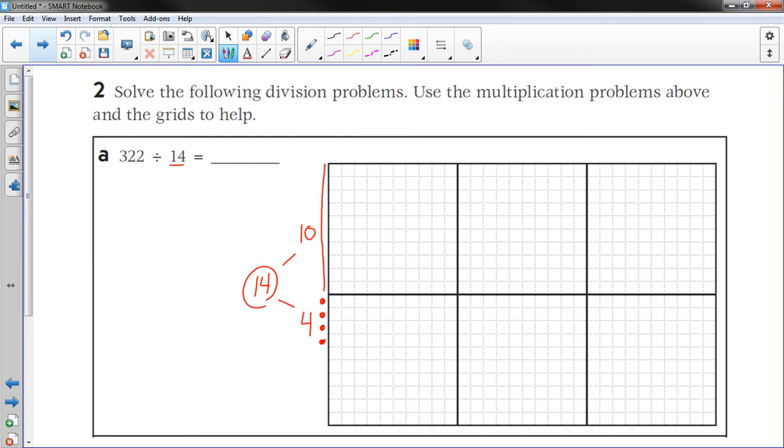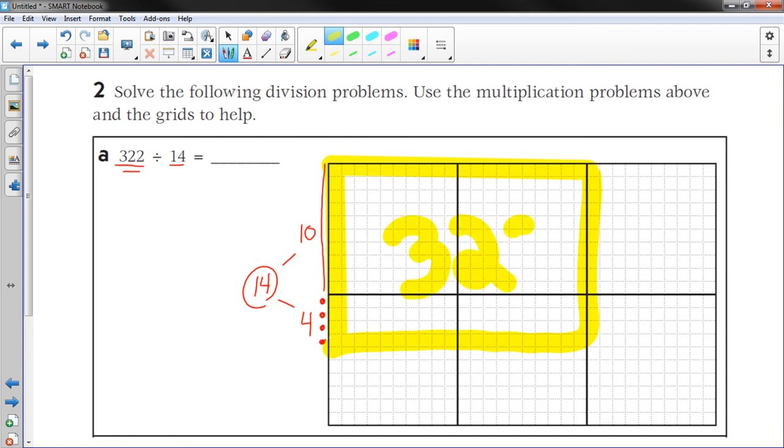Now the 322, that needs to be the total area, because we're dividing, of this region somehow when we're done. That region is going to be 322. This will be 322 when we're done.